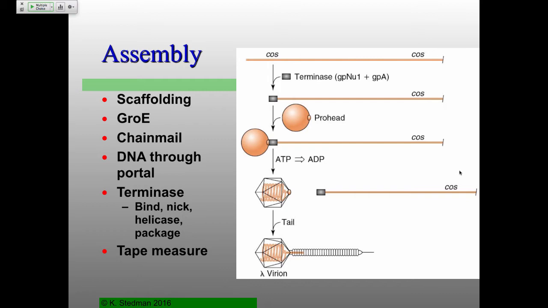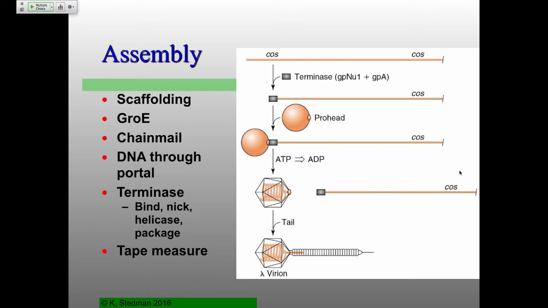Part of the reason I ask is because I know some of you stuck around a little bit after lecture last time and saw what I think is a really nice animation of how packaging takes place. And it really has to do with this terminase enzyme sticking at the end of your concatenated genome. So you've got multiple copies of the genome. Why do you have multiple copies of the genome hooked up end to end? Because replication is happening in a rolling circle process, exactly.